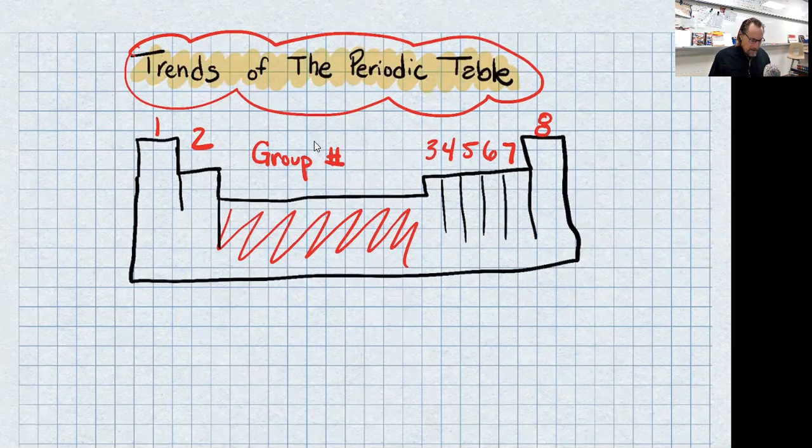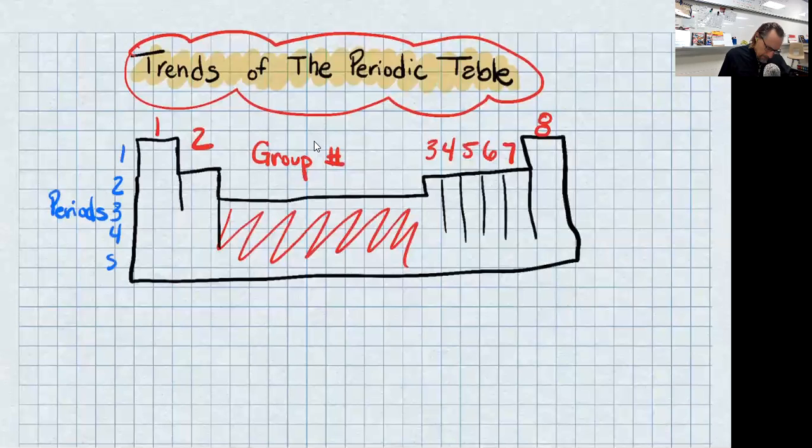And then along the side here, we have our periods. And there are going to be 7 periods, just like there are 7 periods in the school day. So 1, 2, 3, 4, 5, 6, and then 7.